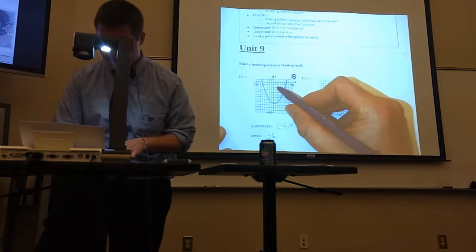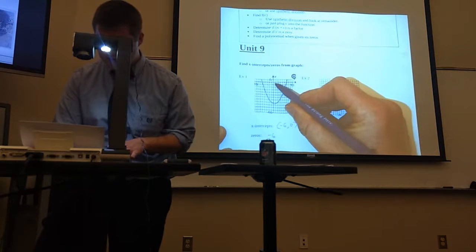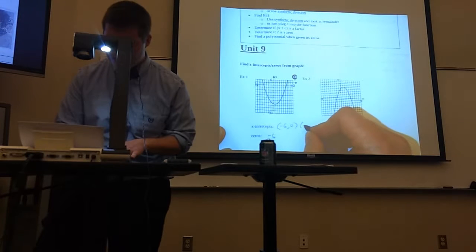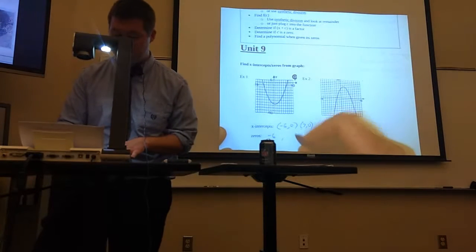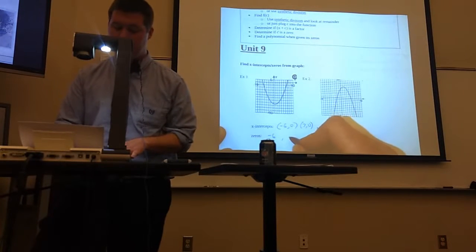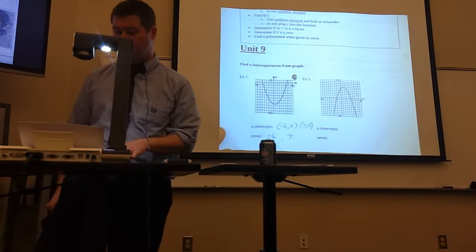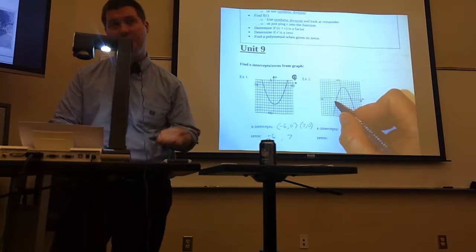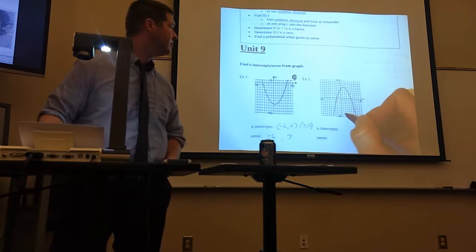There's 2 on here, so we got one crossing at 7. So 7, 0, and then the zero that goes with that is just the 7. So these should be nice. I'm pretty sure you have one of these on the test, so it should be basically free credit.